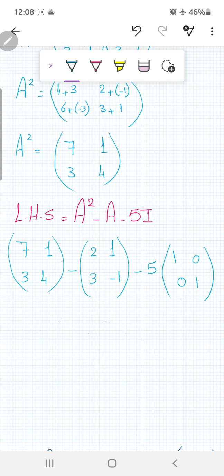Okay. How to solve this? First, 5 multiplied by this matrix. So multiply every element by 5. 1 times 5, 0 times 5, 0 times 5, 1 times 5.